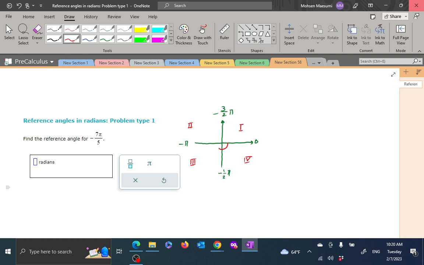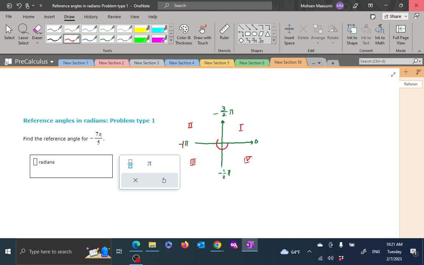Minus 7 pi. 7 is larger than 5. Is that right? 7 is larger than 5. So we have passed, this is minus 1 pi. This is 7/5 of pi. 7/5 is more than 1. So I passed this. I'm coming into the second quadrant.